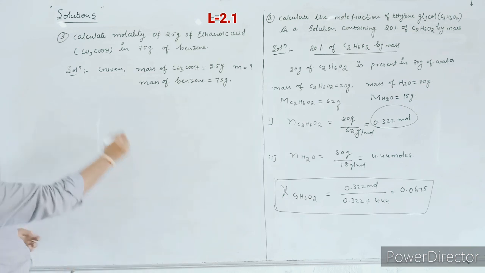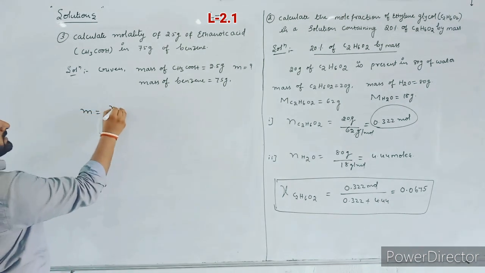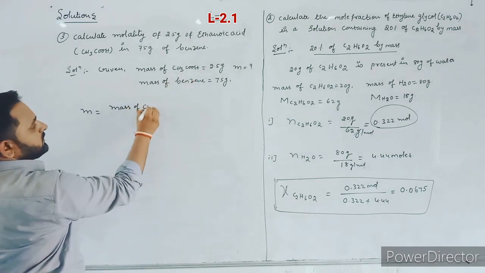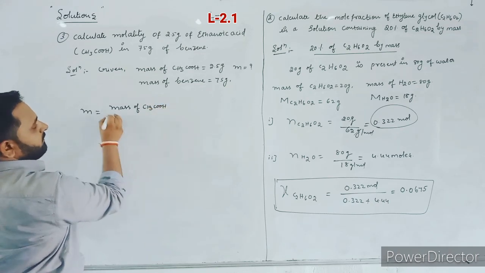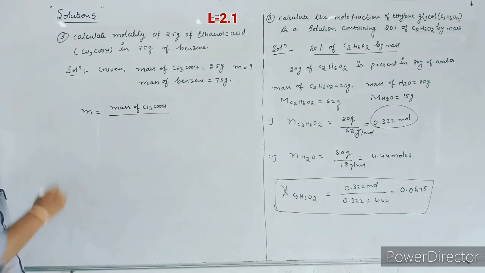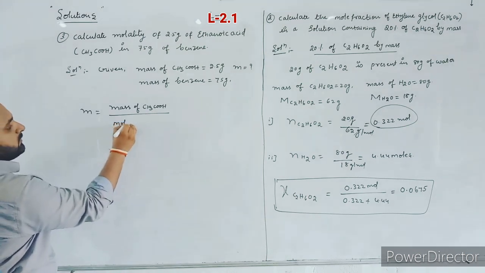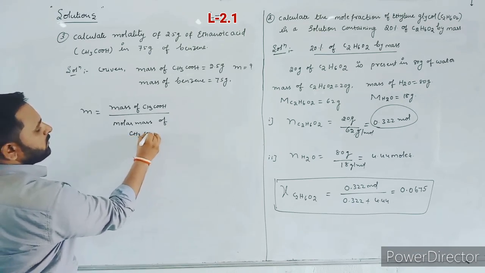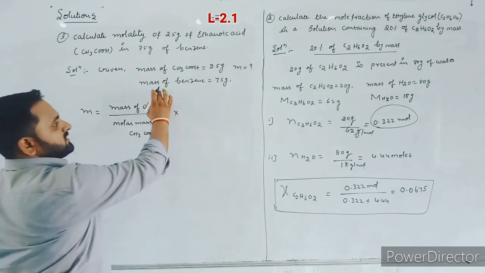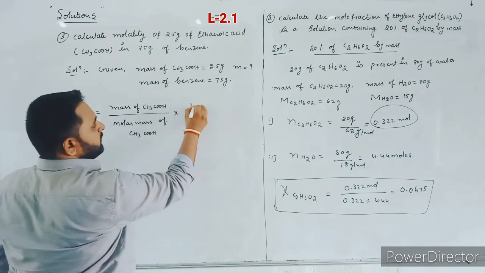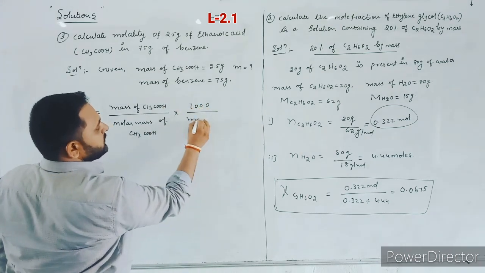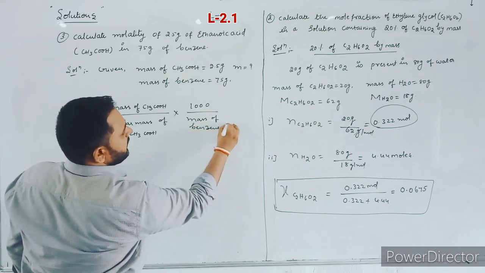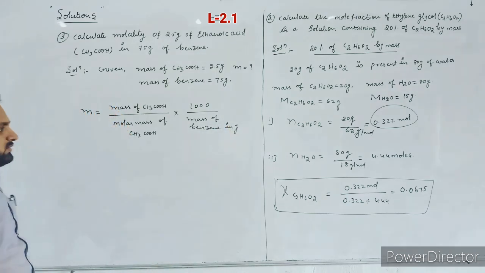Molality is equal to mass of solute, here CH3COOH, divided by the molar mass of CH3COOH, into 1000 divided by the mass of benzene in grams.